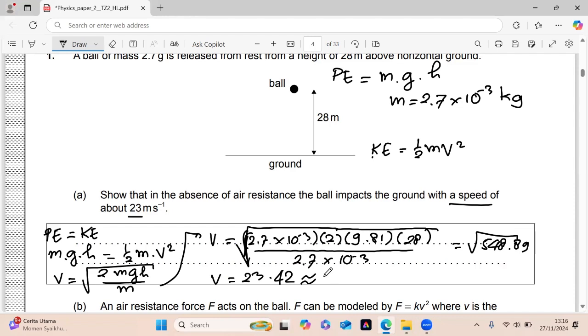We have to convert to significant figures, 23.4, or according to this request it is 23 meters per second.